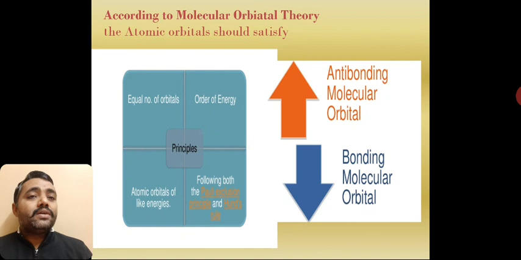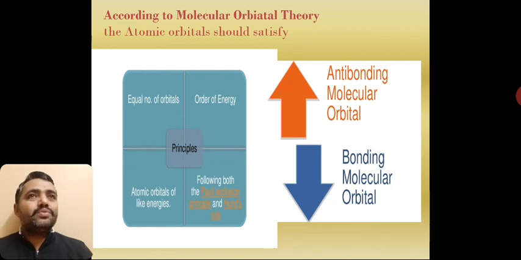But you know about Pauli's exclusion principle and Hund's rule. Pauli's exclusion principle states that one orbital can hold a maximum of 2 electrons, and Hund's rule states that in a degenerate energy level electrons should be filled first with parallel spin before being paired. These two principles are very important for electron distribution in the molecular orbital energy level diagram.